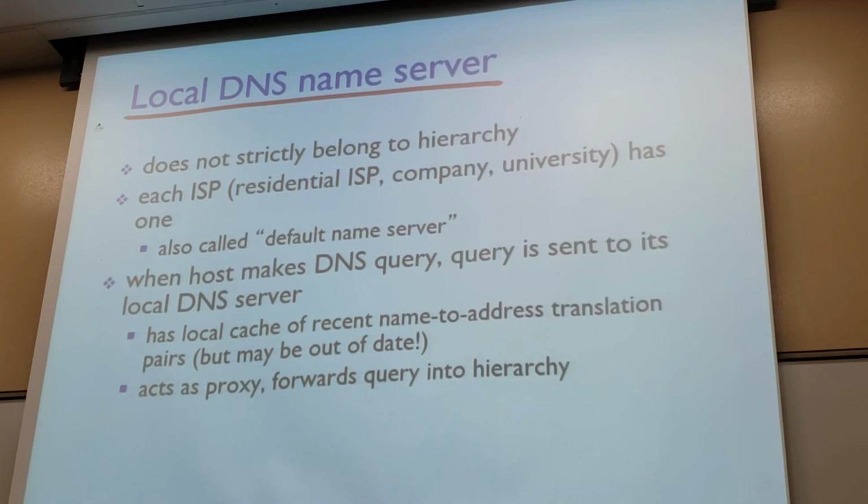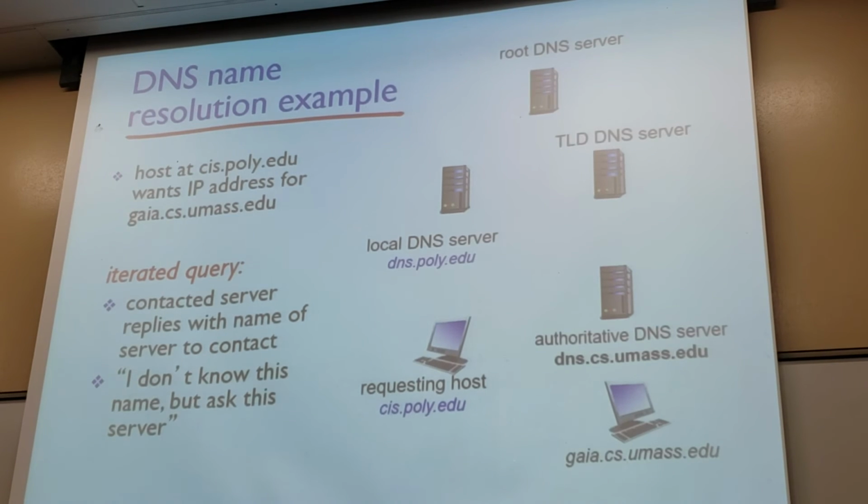So what you do is begin with what's called an iterated query, or an iterative query. We have this requesting host, sys.poly.edu, and it's going to try to find a host over here at UMass. We are assuming in this example that your local DNS server has just now come back online.